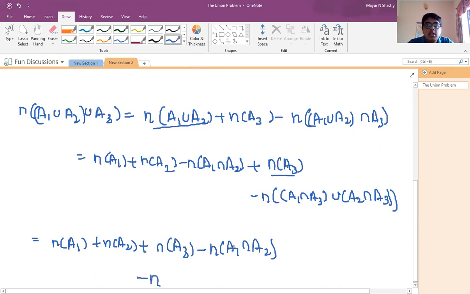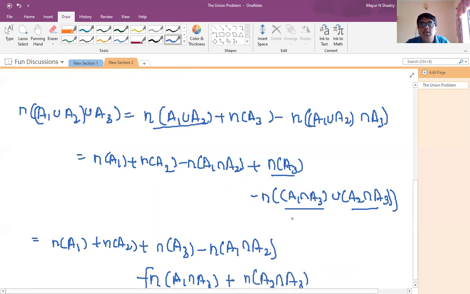Then again I apply the above formula for the union. So that would be n of A1 intersection A3, plus n of A2 intersection A3, and now subtract the intersection of these. So that would look like A1 intersection A3 intersection A2 intersection A3.